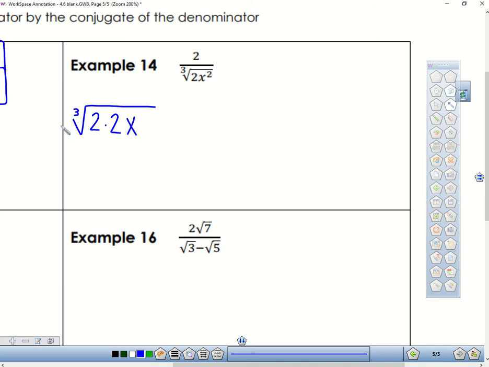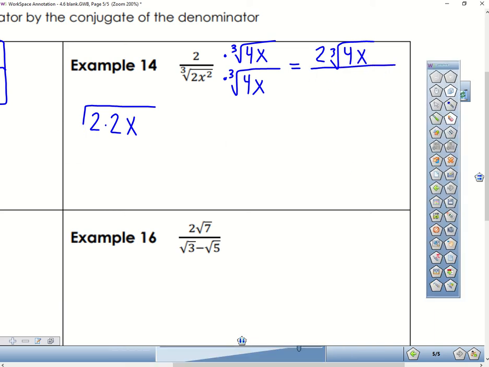It's weird, but you'll see. So this becomes the 3rd root of 4x over, we're multiplying by the 3rd root of 4x again. Now your numerator becomes 2 3rd root of 4x, and your denominator we're going to do out on the side.